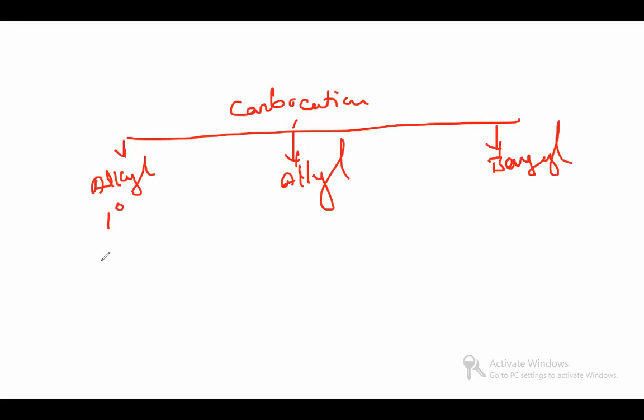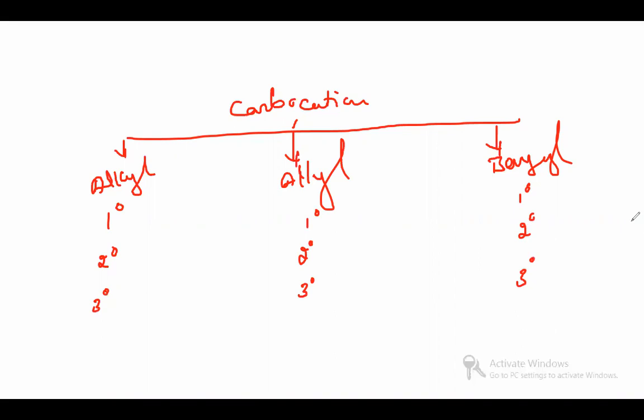So 1 degree carbocation is further divided into 2 degree carbocation and 3 degree carbocation. In allyl also 1 degree, 2 degree, 3 degree carbocation. In benzyl also 1 degree, 2 degree, and 3 degree carbocation.